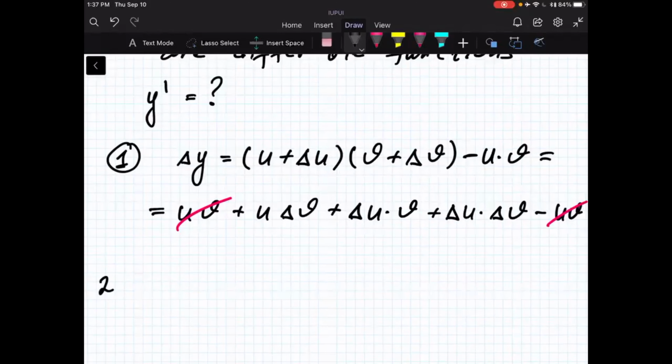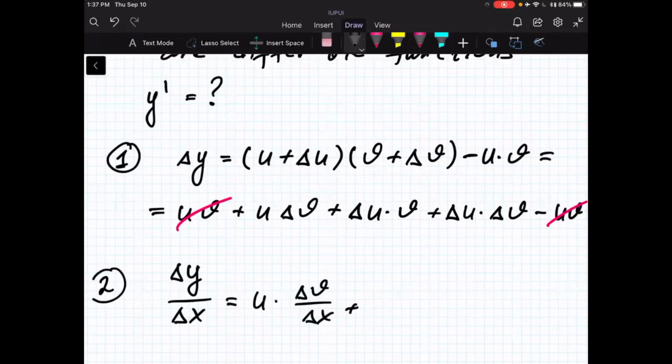And second step is to consider the ratio delta y over delta x. And I will divide term by term. So I'll get u times delta v divided by delta x. And for some reason, since it is a product, I can divide just one factor.